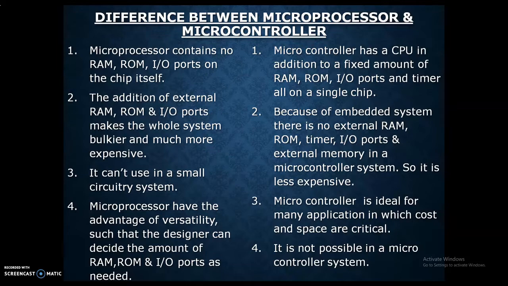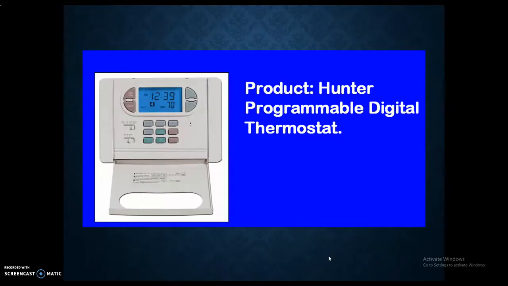Obviously, the microprocessor, as we have discussed, is a various job purpose device, so it is very versatile, and RAM, ROM, and IO ports can be connected with the microprocessor as and when needed. But it is not possible in the case of a microcontroller, as the RAM, ROM, and IO ports are in a single chip and fixed amount.